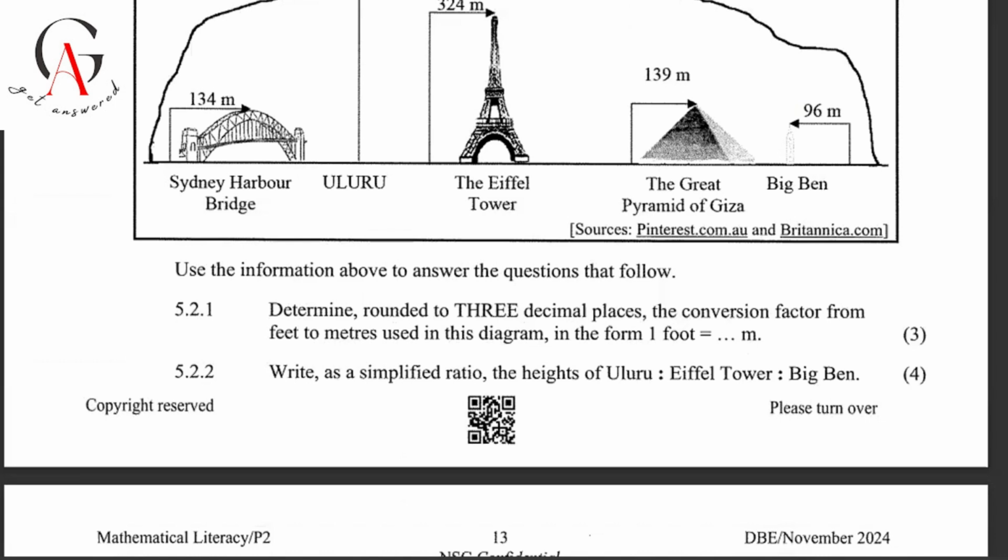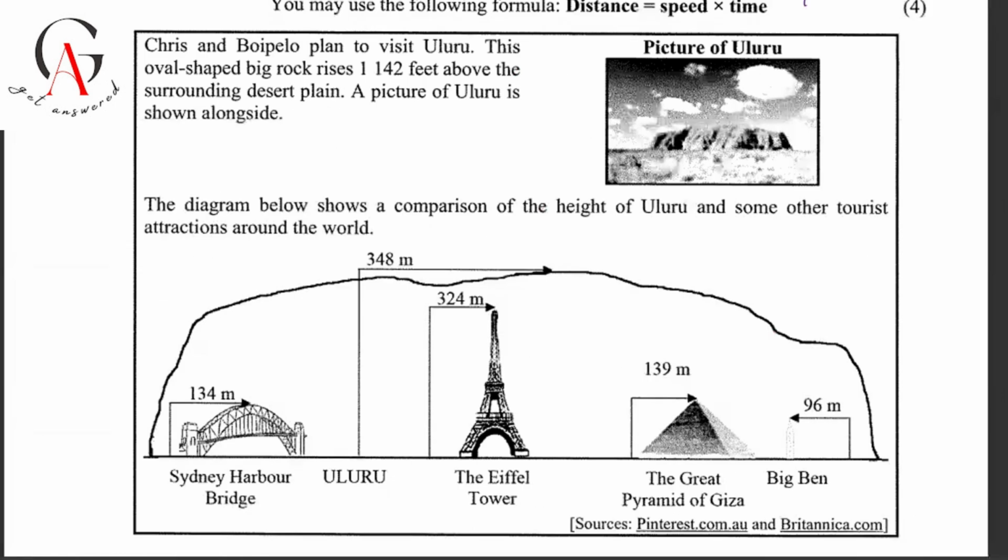So now what we're going to do, we want to get, in meters it's this high, you see, and in feet it's that high. So let's put feet, because I want 1 foot to be equivalent to a given number in meters.